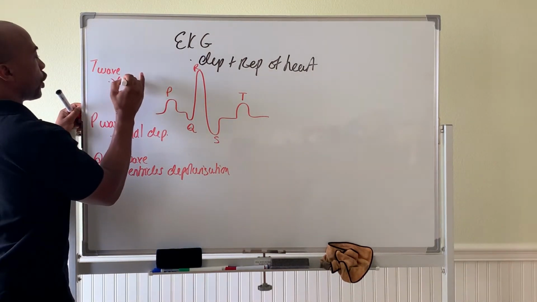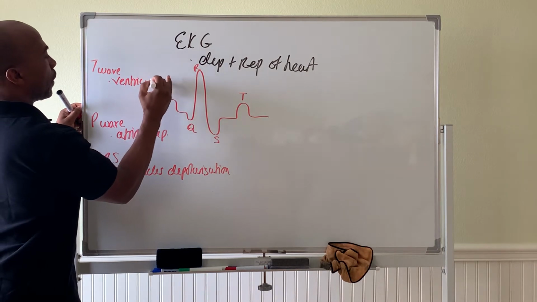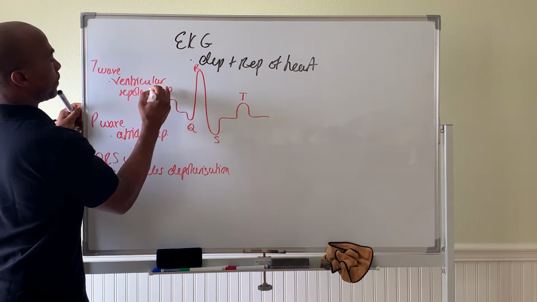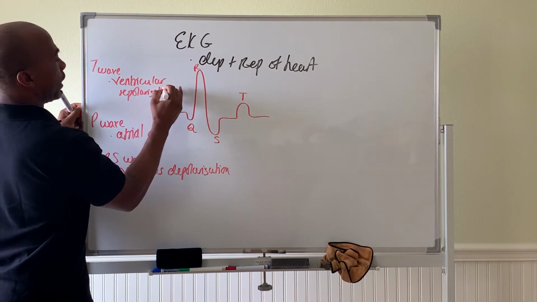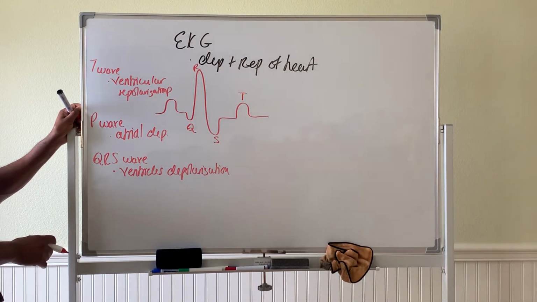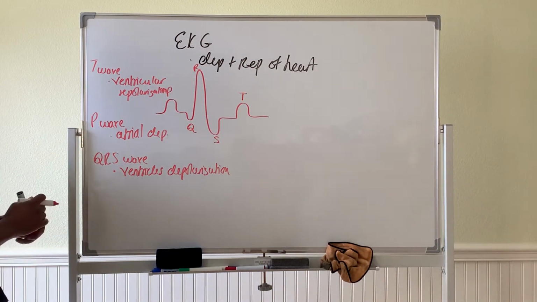So ventricular repolarization. So please note for me what causes the three waves, the P, QRS, and T waves of your EKG.